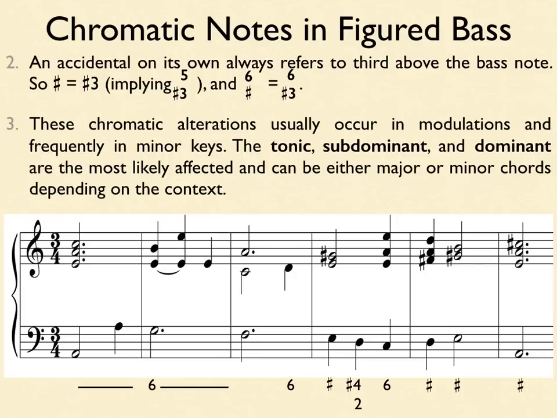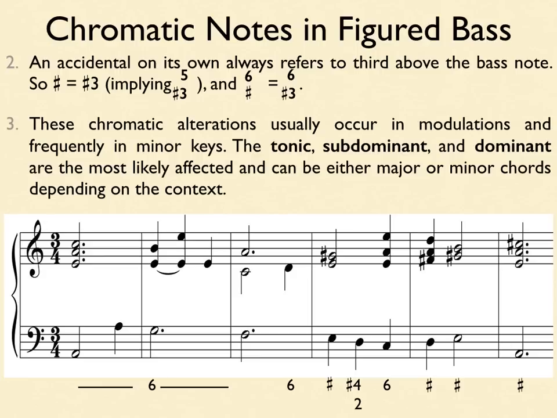So you have a D, F sharp, A chord. So you need to indicate the F above that D is a sharpened F. In other words, it's a third above D, but it's going to be a sharpened third. So you just need to put the sharp in the figured bass. Again, you don't need to write anything else because it's a root position chord. The 5-3 is implied.